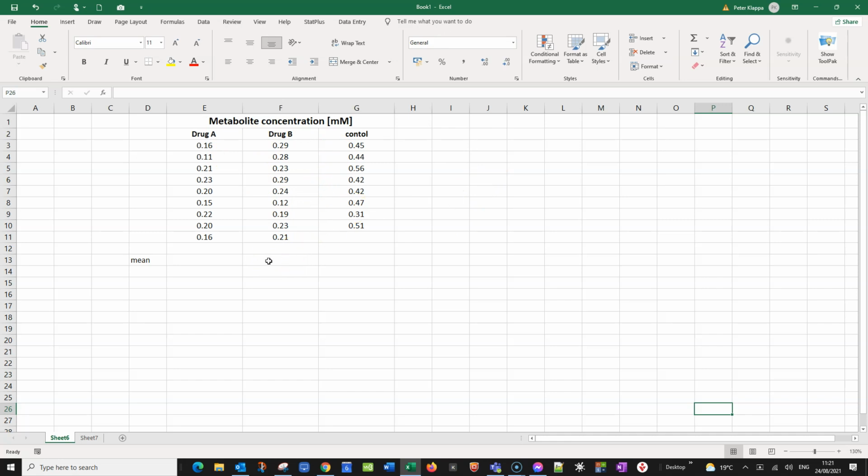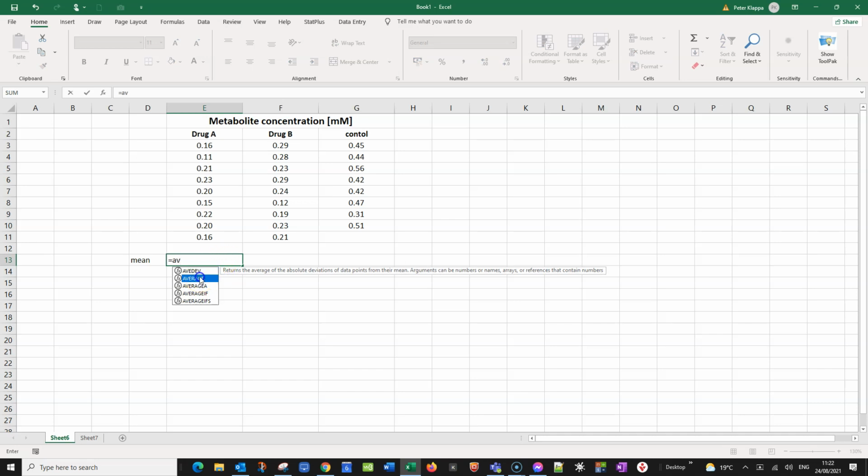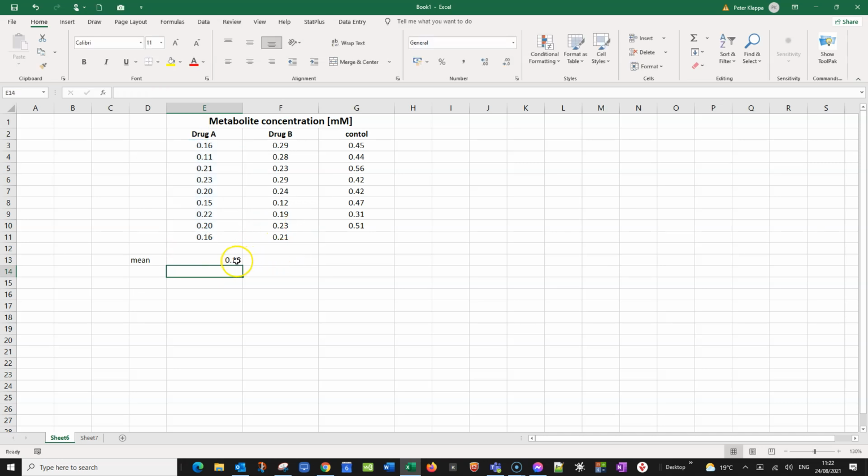So the first thing that we are going to do is we are looking at the sample means of our metabolites. In Excel we can do that quite easily. So here it would be equals the average of the concentration. We do that here, and we get an average of 0.18 millimolar, and we get this for this one here as well.